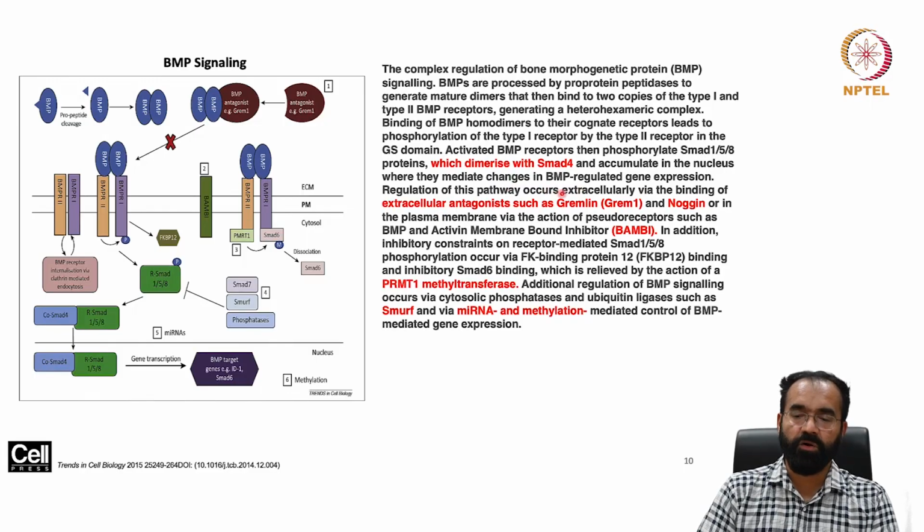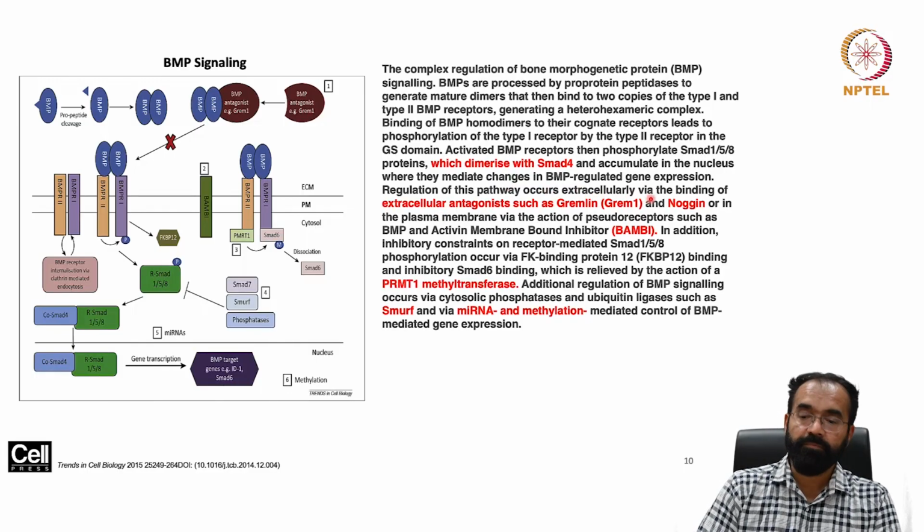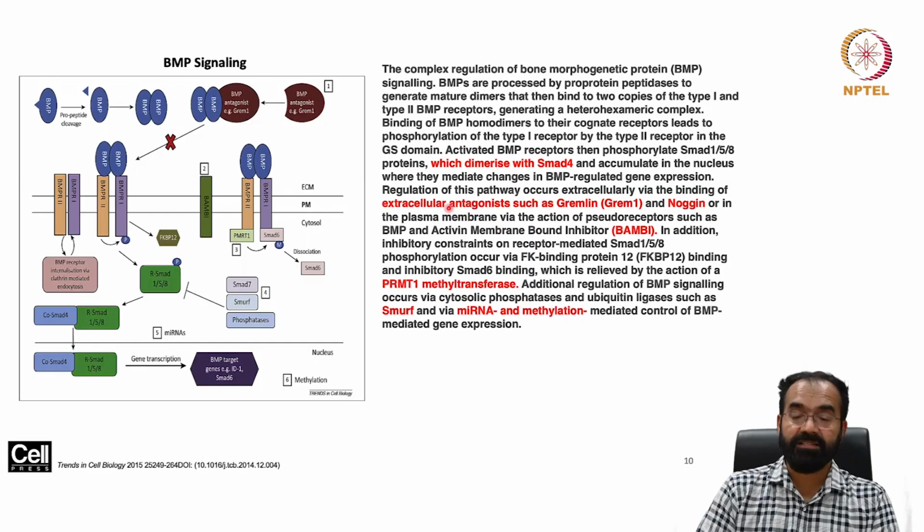Regulation of this pathway occurs extracellularly via the binding of extracellular antagonists such as gremlin, GREM1 in short form, and noggin. These are antagonists of BMP signal. It also occurs in the plasma membrane via the action of pseudoreceptors such as BMP and activin membrane bound inhibitor, in short form called BAMBI.